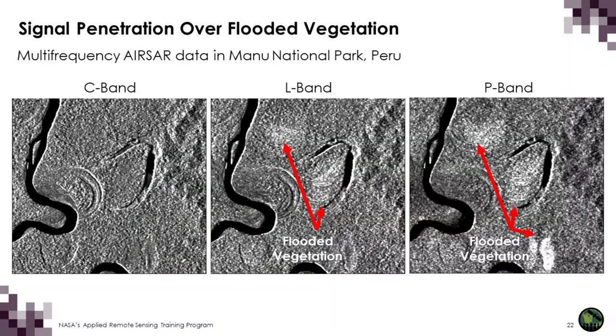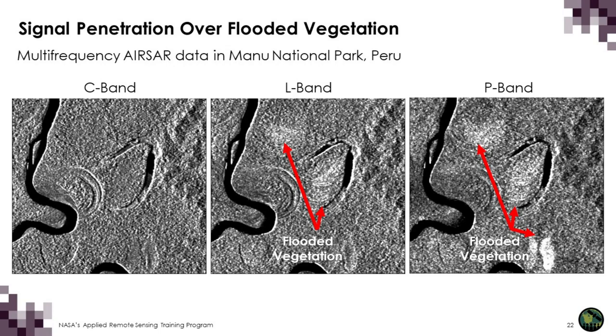Here we have an example of signal penetration through vegetation to detect flooding. Remember, flooded vegetation is dominated by double bounce in radar images, and those appear as very bright areas. Here we have an area in a SAR image in Manu National Park in Peru in 1993, and we have 3 different frequencies: C-band, L-band, and P-band.